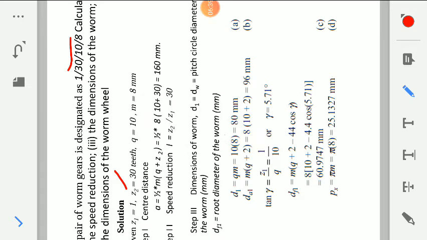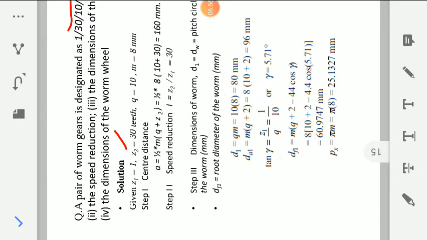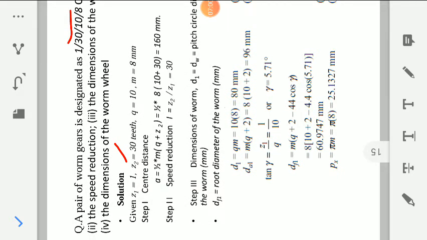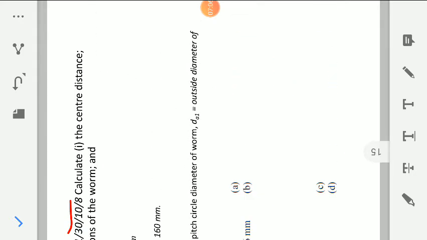So the lead angle becomes 5.71 degrees. And the dedendum circle diameter is M into (Q minus 2.4 cos of lead angle). So this is also 60.9747. And then finally we find out the axial pitch of the worm. Axial pitch is pi into module, that is 25.1327.